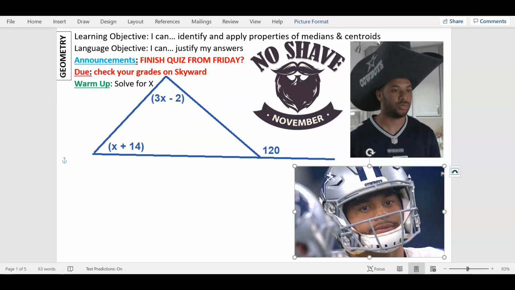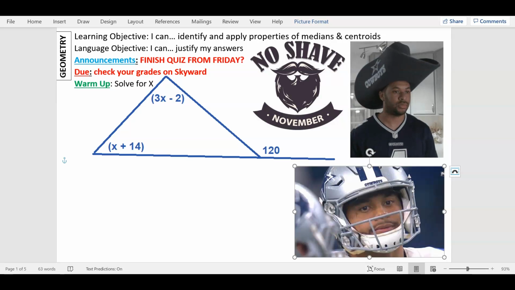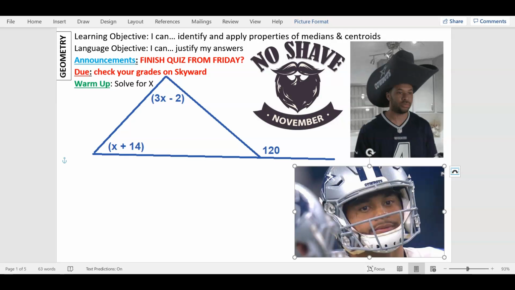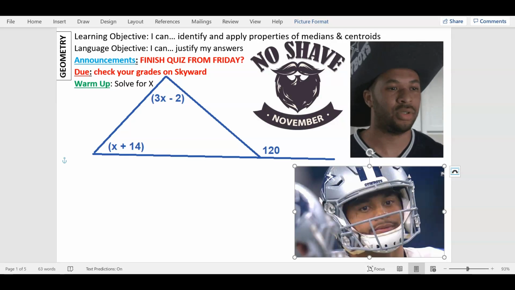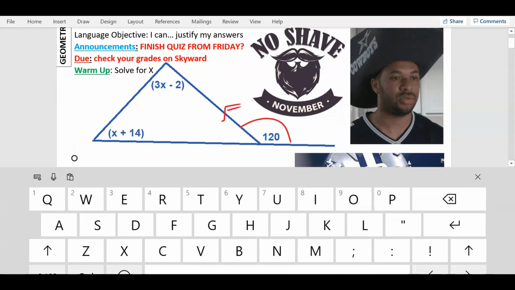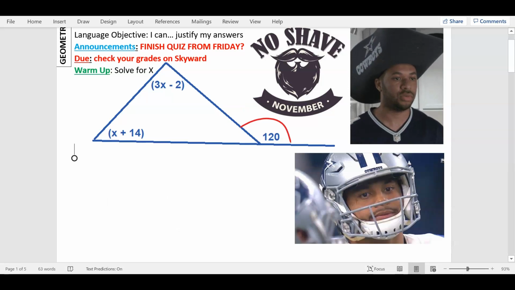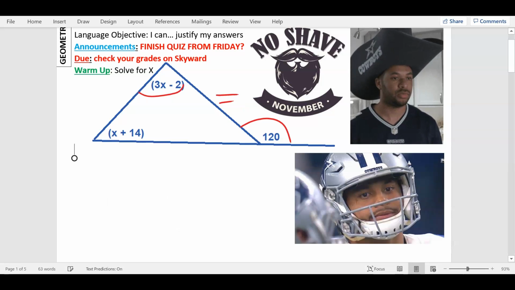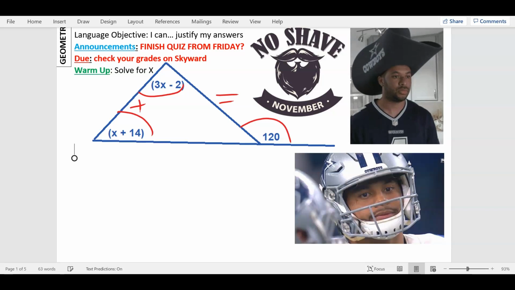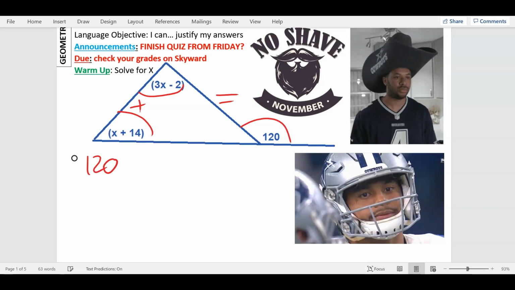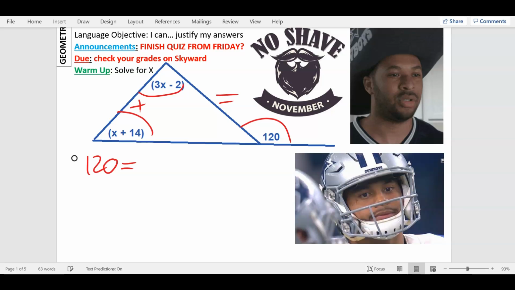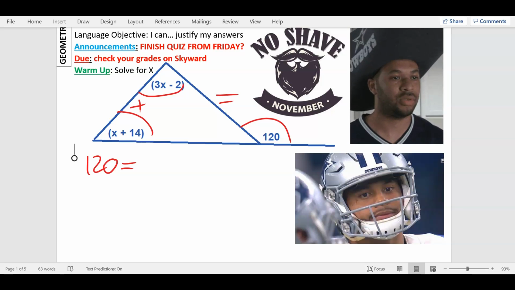So here we go. Outside angle equals the sum of the remote interior. So we're going to write first this outside angle, then equals the remote interiors added together. Okay, so outside is 120 equals, and what am I adding together here?